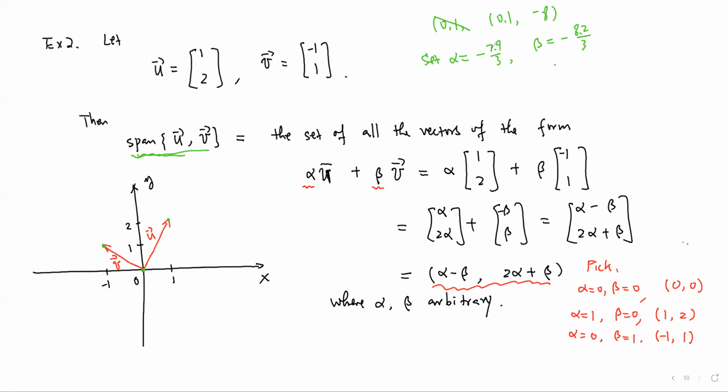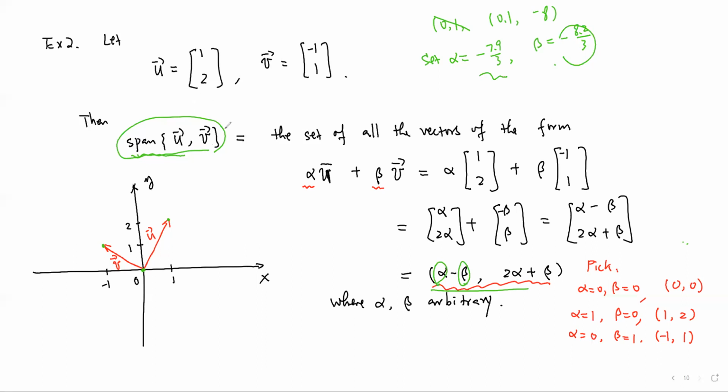Then plug in this number in alpha, plug in this number in beta. Then this point is (1, -8). Arbitrarily pick a point, I can choose alpha, beta so that this point is the given point. Therefore, if you plot all the points, you will see the graph is the whole XY plane.